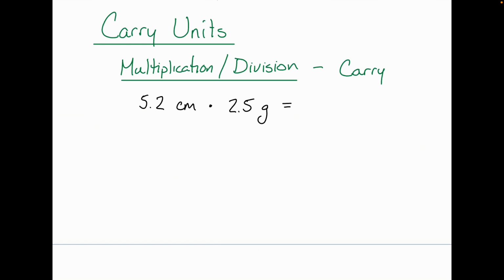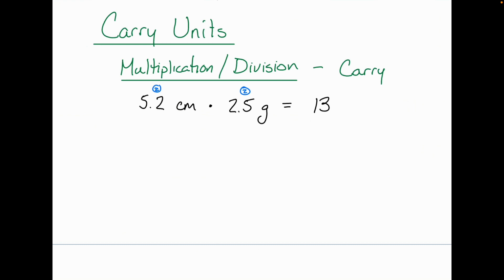In this case, my calculator spits out 13. The next thing we're going to do, as with all of our calculations, is sig figs, which we just reviewed. We're going to go back and apply our rule for sig figs. In this case, my two inputs both have 2 sig figs, my answer also has 2, so I'm done. And then the last thing we're going to do is worry about our units.